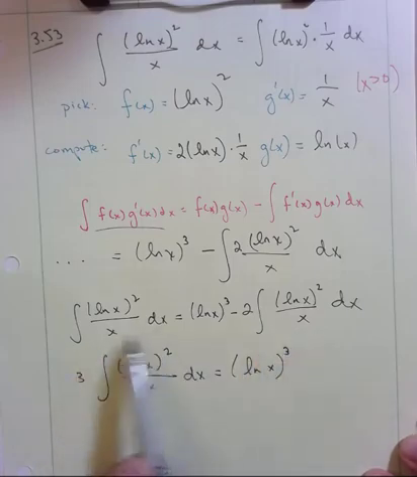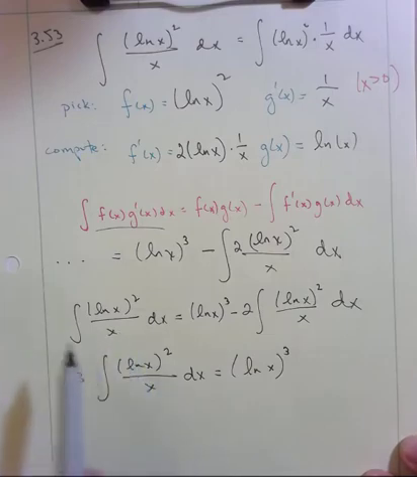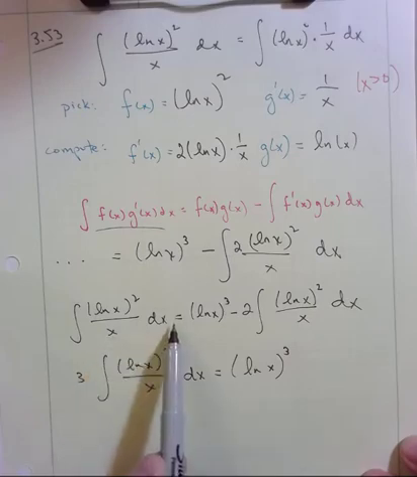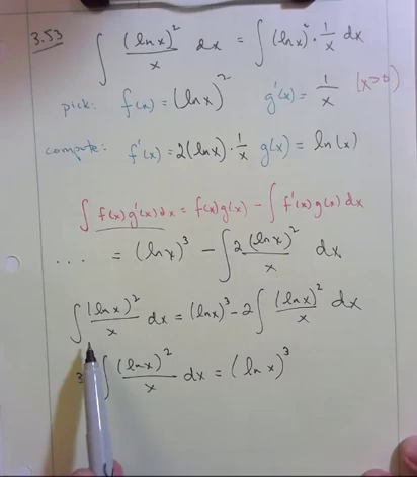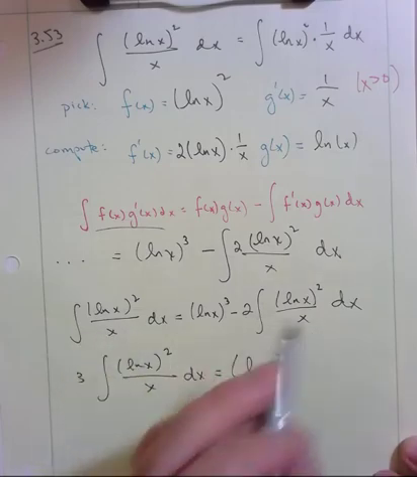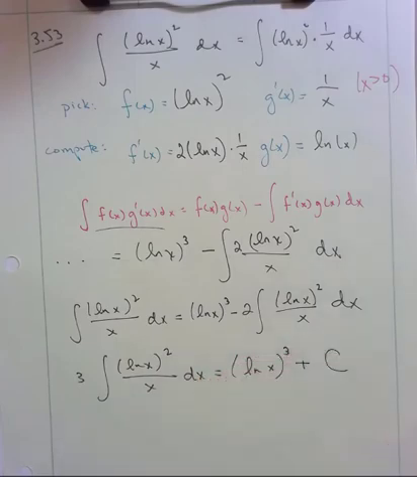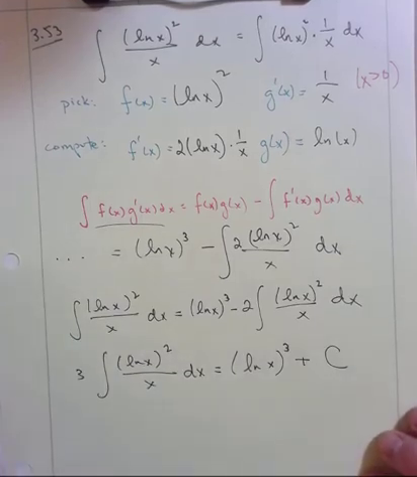Remember that this critter, this indefinite integral, is actually representing an entire class of functions that are all distinguished by this plus c. So I'm not really saying that this one thing equals this thing minus 2 of those things. I'm saying that this thing on the left can have a whole bunch of arbitrary constants with it, and so can this. And so we're still going to go ahead and recognize that this may differ from this by an arbitrary constant, just like we do with indefinite integrals anyway.